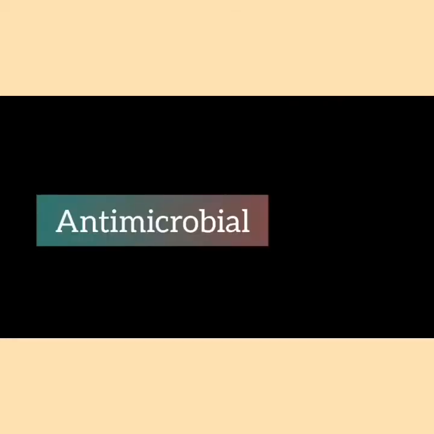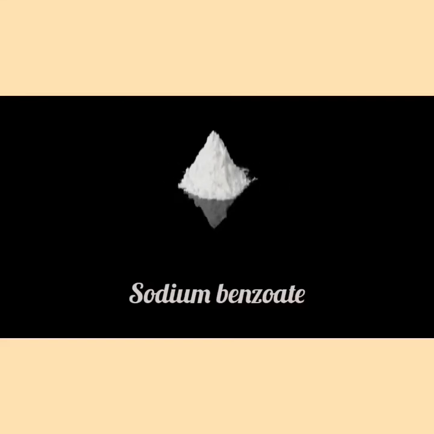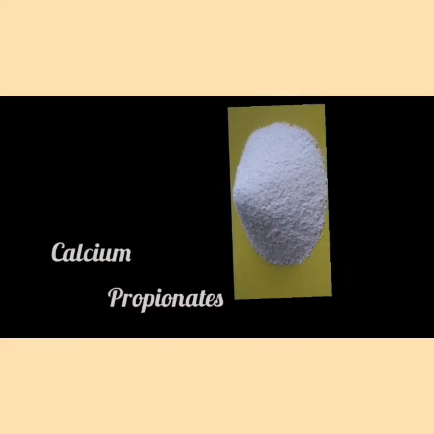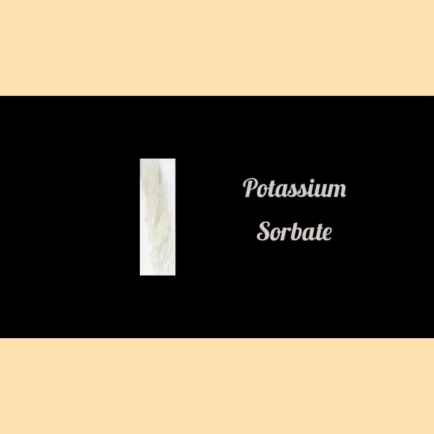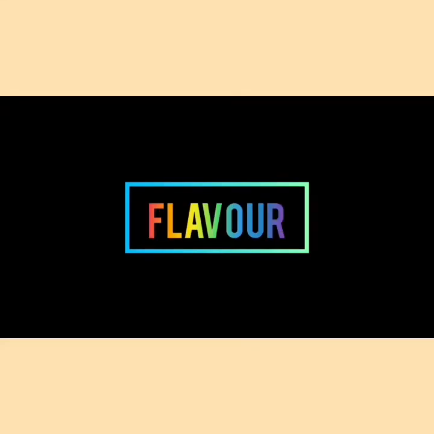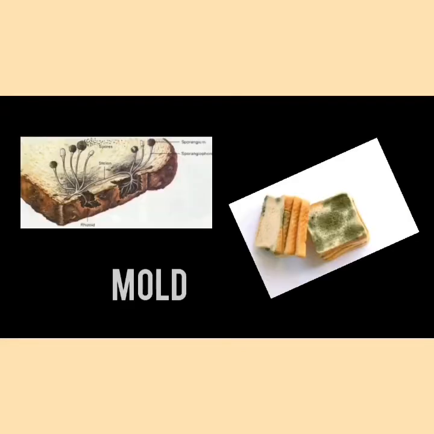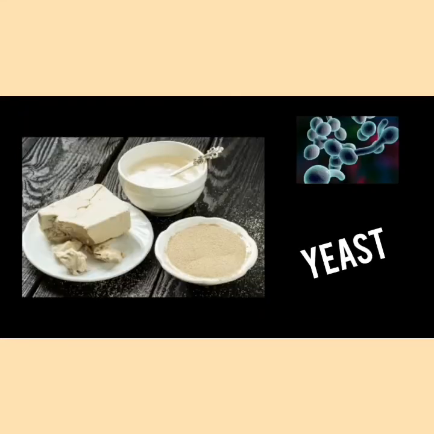The antimicrobial preservatives such as sodium benzoate, calcium propionate, and potassium sorbate are used to maintain the color, texture, and flavor of the foods. They also prevent spoilage by stopping the growth of mold, fungi, and yeast.